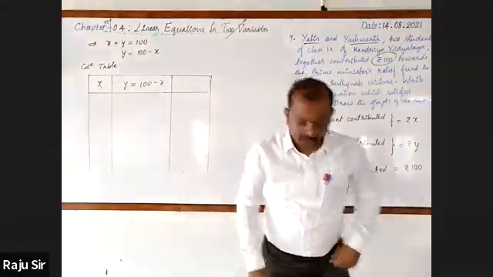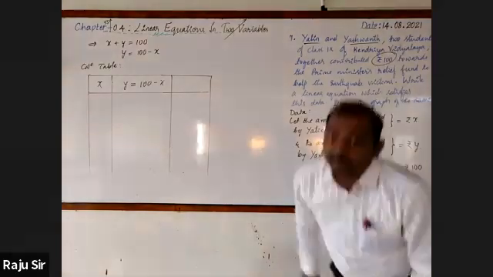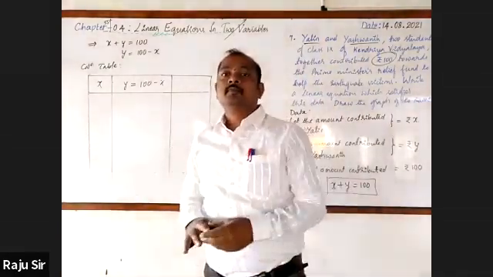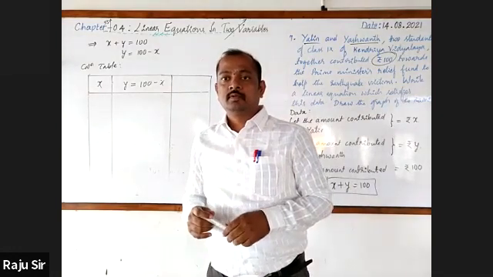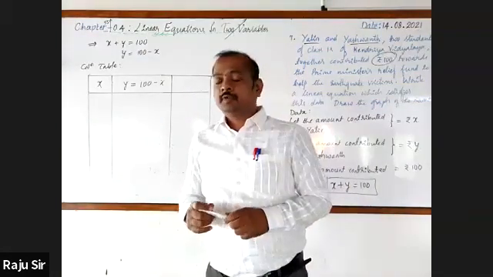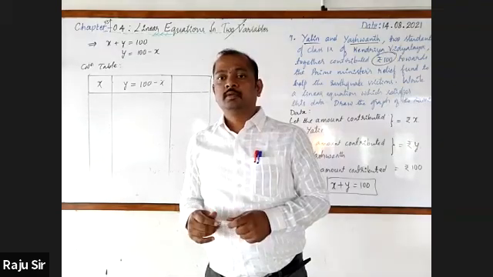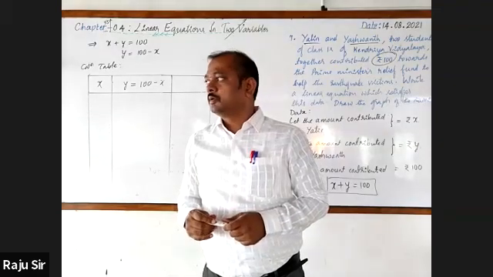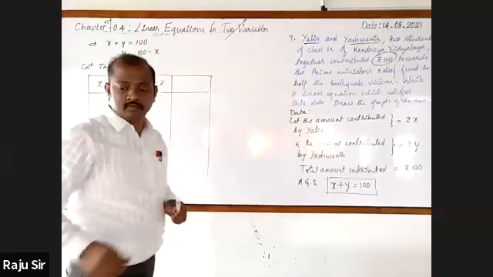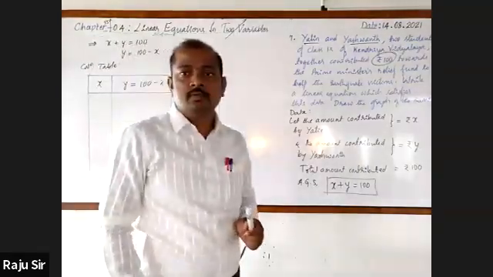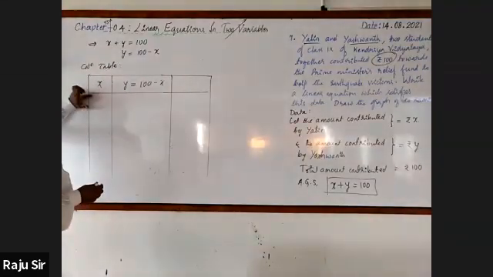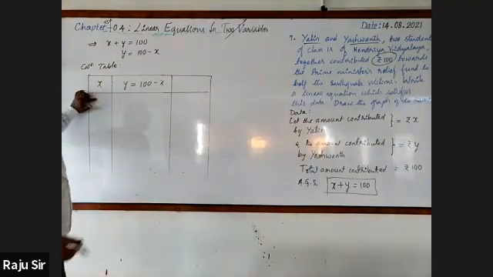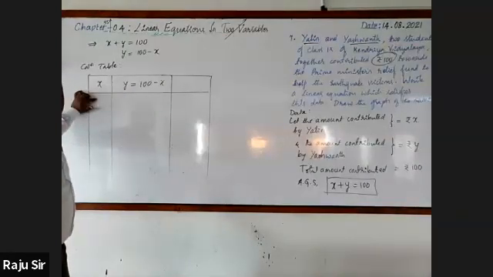Y is equal to 100 minus x. We should take the value for x. What shall we take, Afrin? 1, sir.